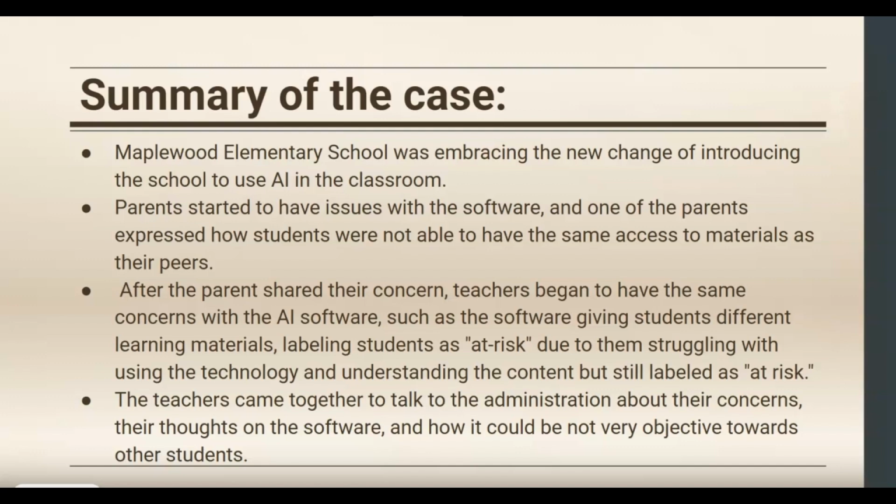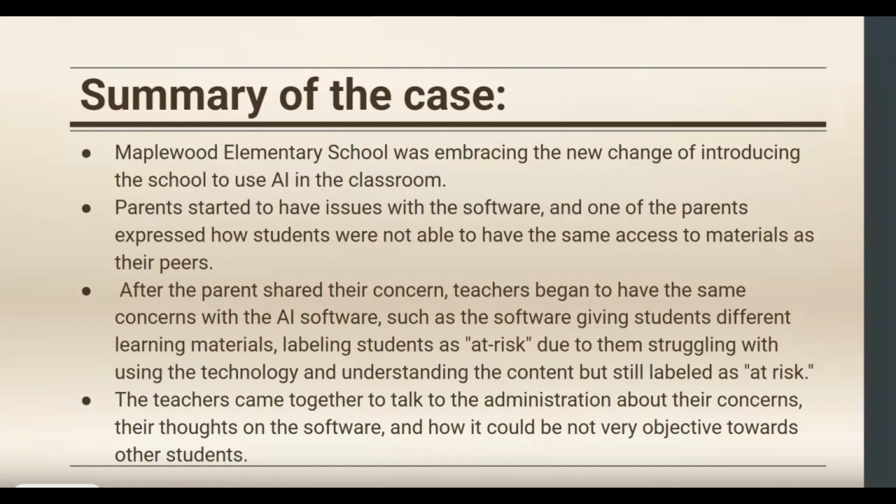Then he started to notice that another student named Jamal was showing significant improvement in his knowledge for the year, yet was still given lower level material than the class, and on top of that was labeled as at risk. He was very concerned about that, and he started to wonder about the parent's concern as well.